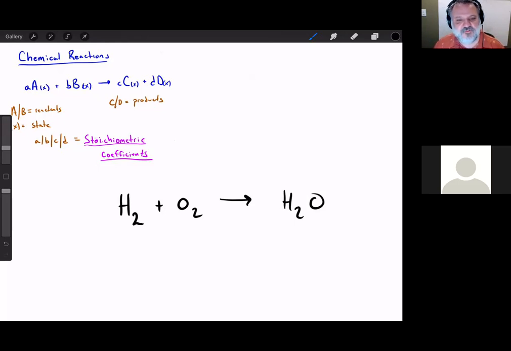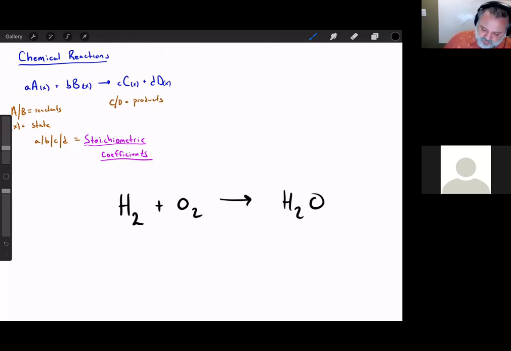So I have to do something in order to make sure that the atoms I put in are the same as the atoms that I get out. And it's just been said in chat, what I'm trying to say is that you must balance the atoms in the reactants with the atoms in the products and vice versa. You have to balance them.